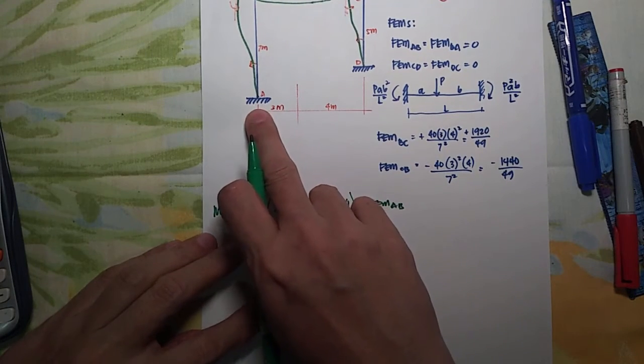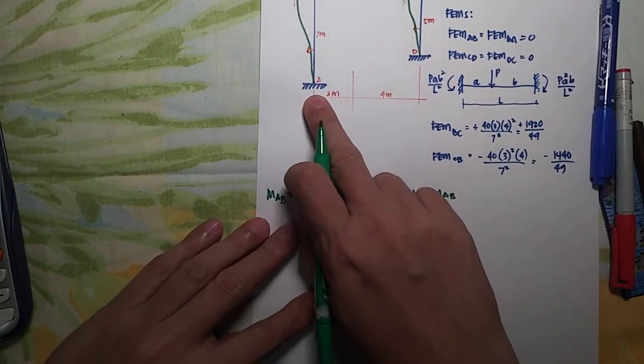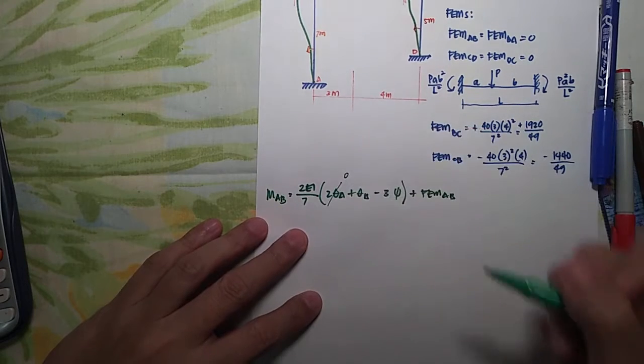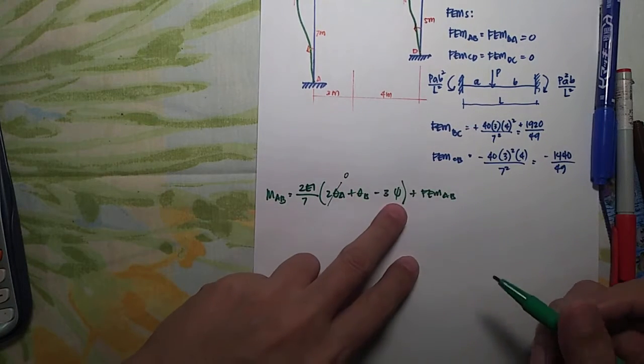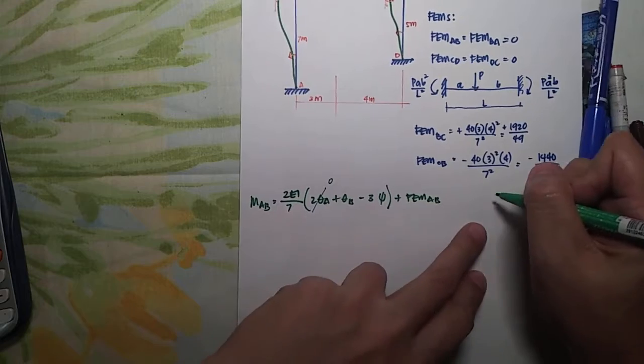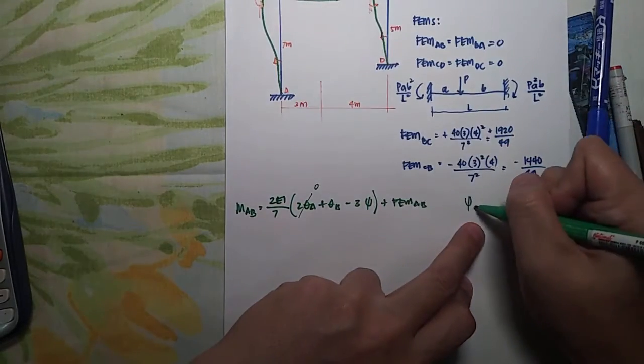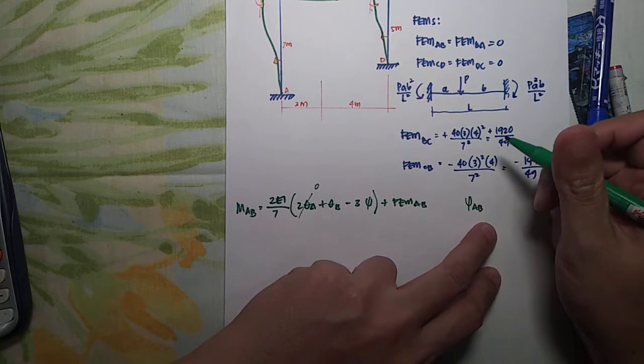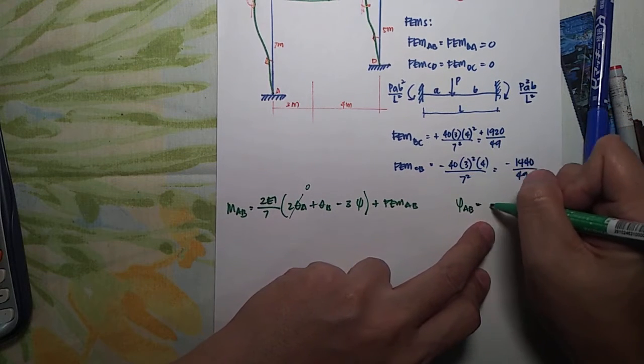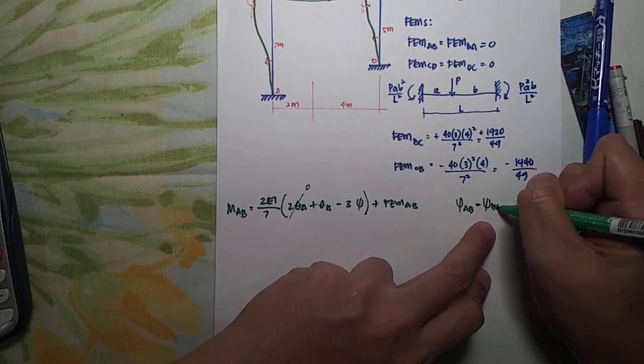Since joint A is a fixed support, the rotation there is 0. Now what is psi? Psi on AB is actually equal to psi on BA.